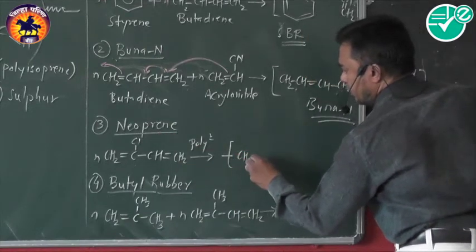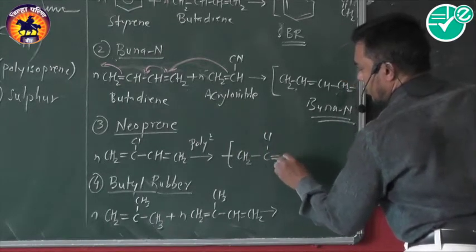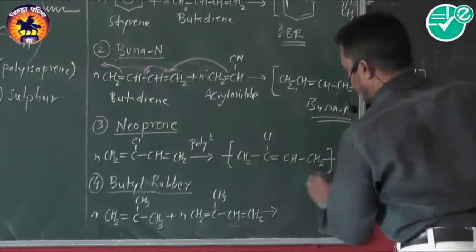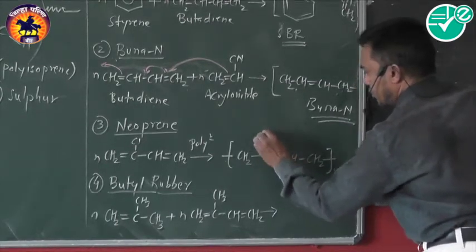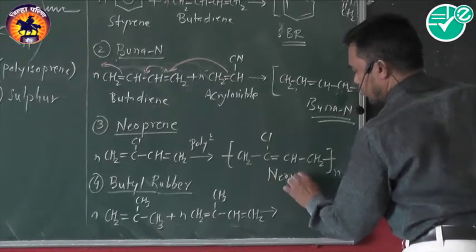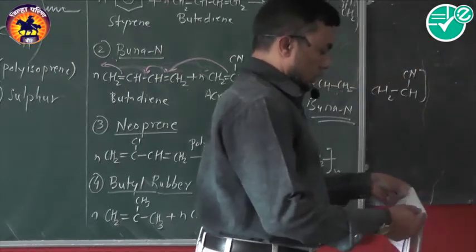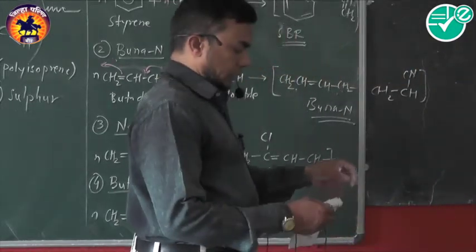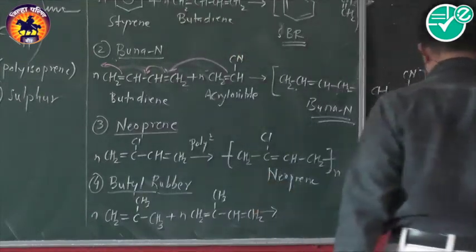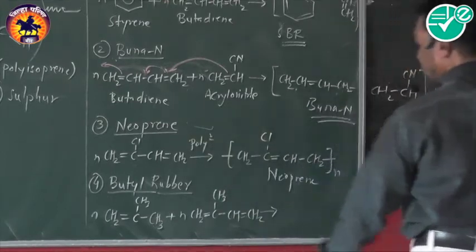It forms CH2 Cl double bond CH single bond CH2, n times, that is the chain growth formation. This is called neoprene polymer. Neoprene is used in making chemical containers, gaskets, as well as conveyor belts. So these are the applications of neoprene.